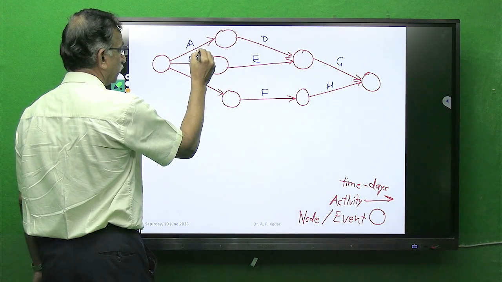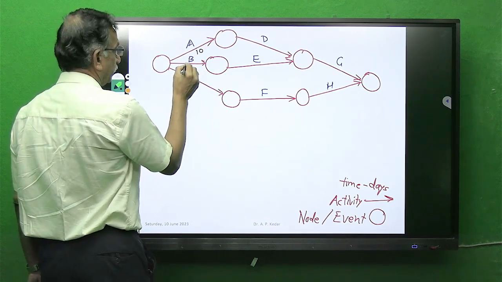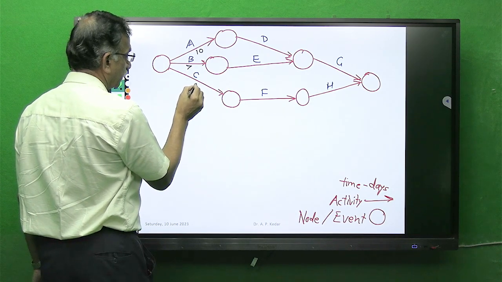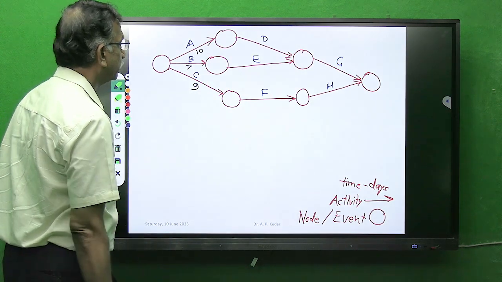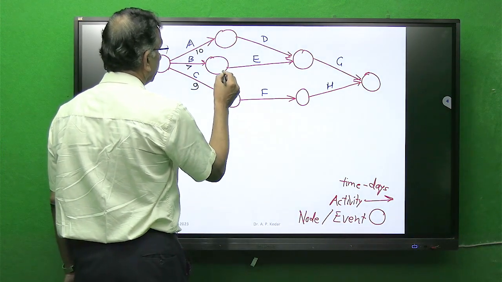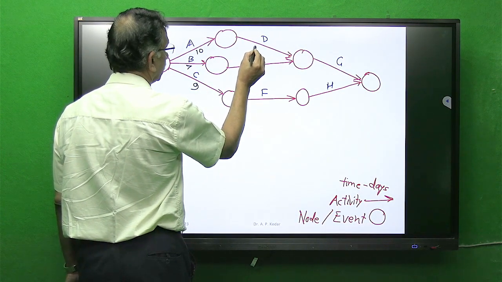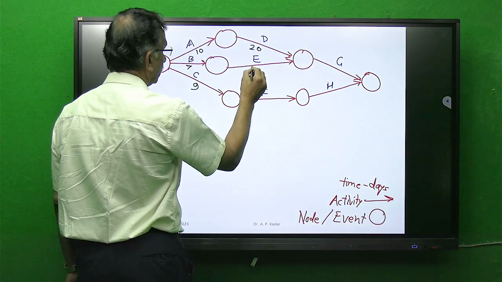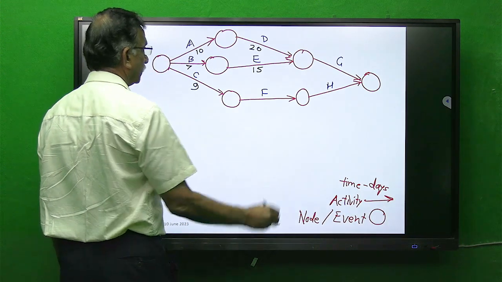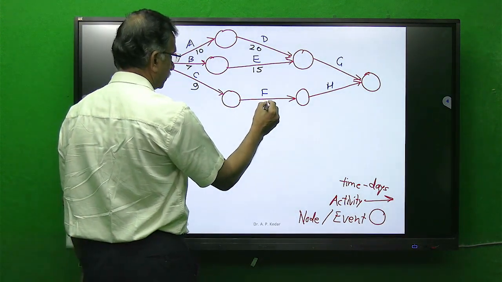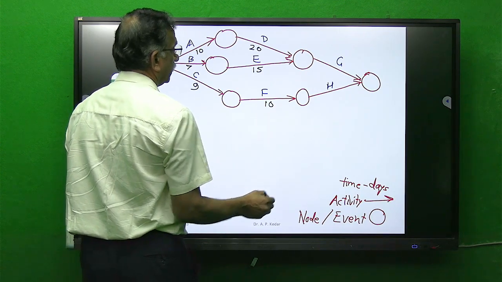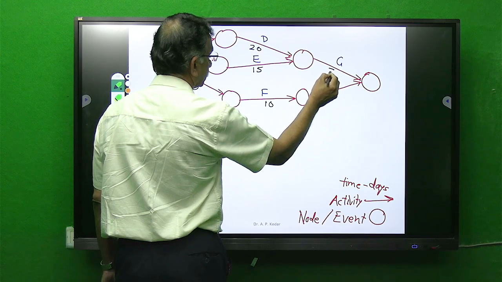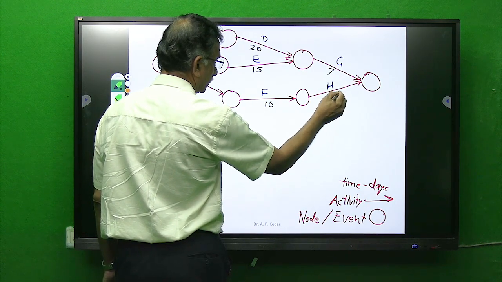Suppose A is taking 10 days, B is taking suppose 7 days, C is taking suppose 9 days. Now here suppose this D takes 20 days and this takes 15 days. F takes suppose 10 days. G takes suppose 7 days and H takes 8 days.